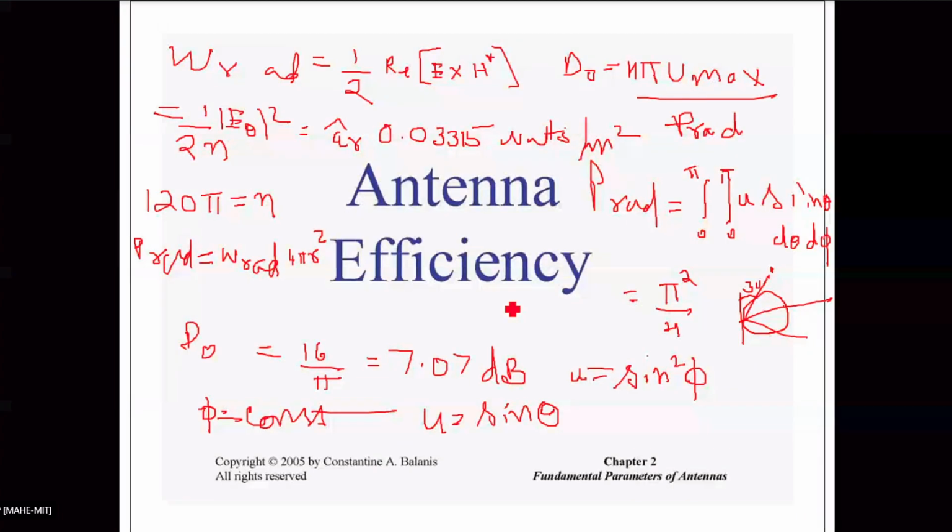The power radiated by a lossless antenna is 10 watts.